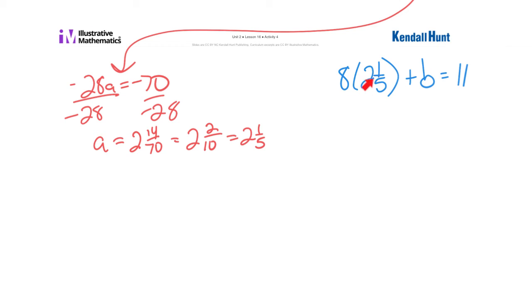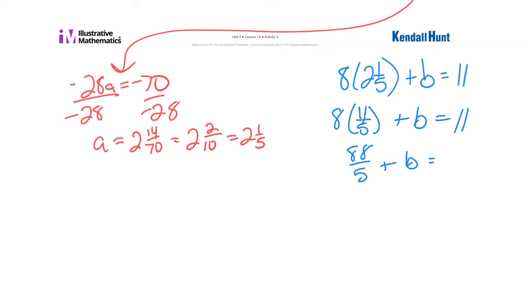So now I have this right here, substituting 2 and 1/5 in for a. And when I keep simplifying, I'm going to rewrite this as 11/5. And these are not going to be super nice numbers, but we will work through this. Right here, I'm going to multiply both sides of my equation by 5, because then that gets rid of my icky fractions that I'm dealing with.